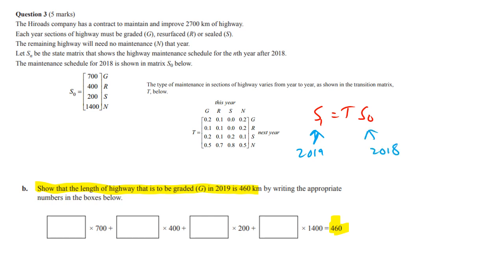We don't have to hit the calculator yet because we just want that first element, which is the G. So remember it's T by S to give us the G. We just take those values off that first row, which is 0.2, 0.1, 0.0, otherwise known as 0, and then 0.2. If you put those numbers in your calculator, you will actually get 460, so you know you've got the answer right. You got yourself 1 mark.